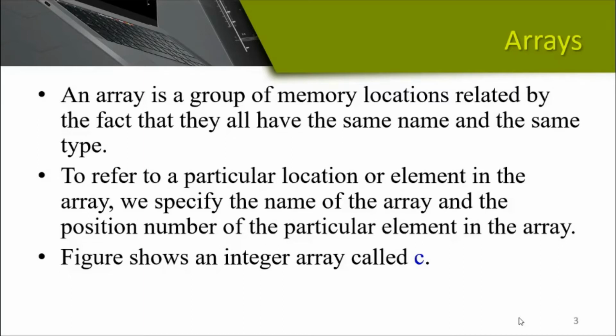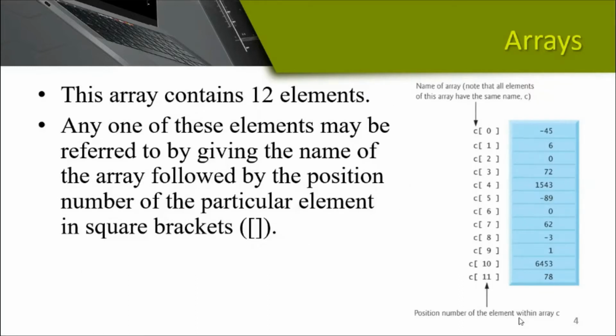Let us see one of the integer arrays. Say the integer array is known as C. So C[0], C[1], C[2], C[3], C[4], C[5], C[6], etc., up to C[11]. All these elements have the same name, that is, the name is C. But within the square brackets we give a specific number.